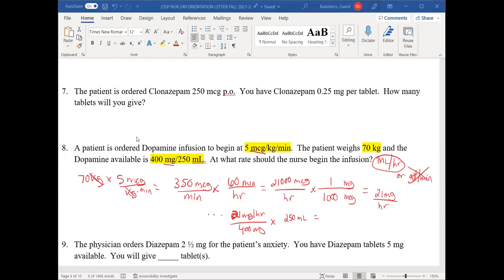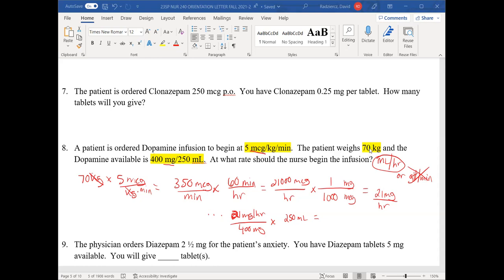So they'll have a dopamine infusion going at 5 micrograms per kilogram per minute. You have a patient's weight in kilograms, and then you have the available dose. So it looks like it's a suspension problem. In this instance, with this question, you actually are using all the variables.